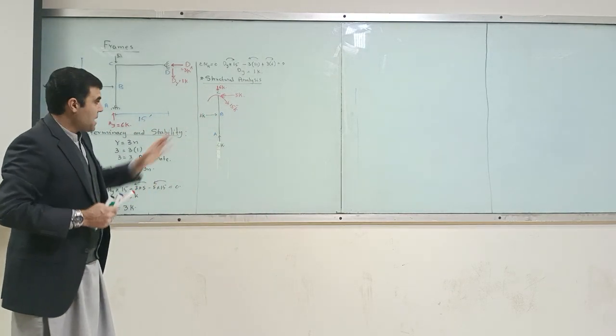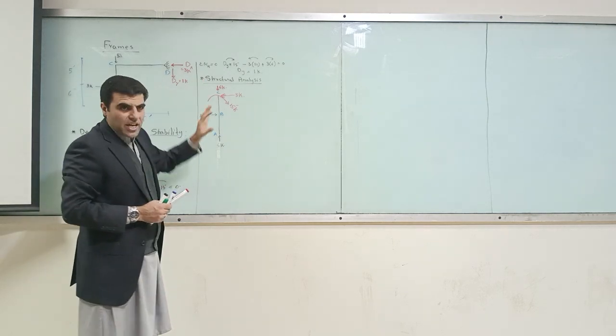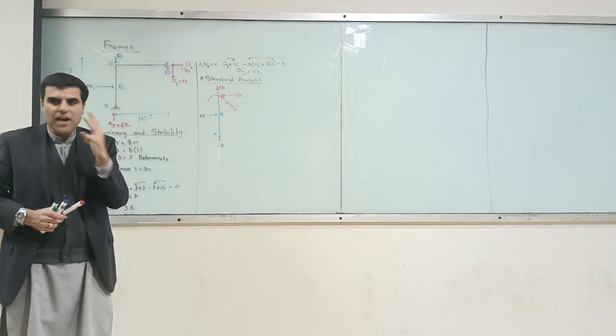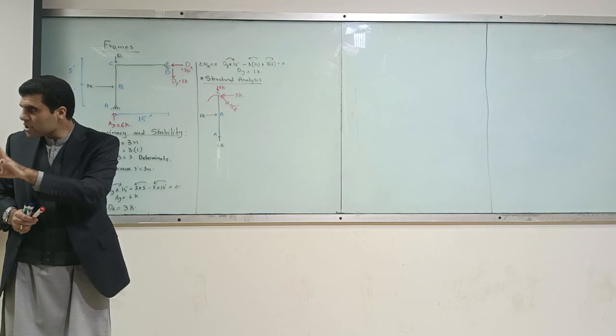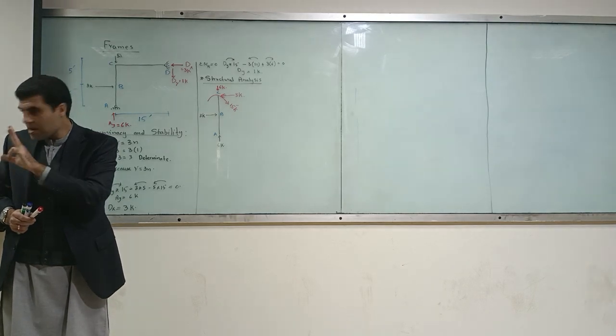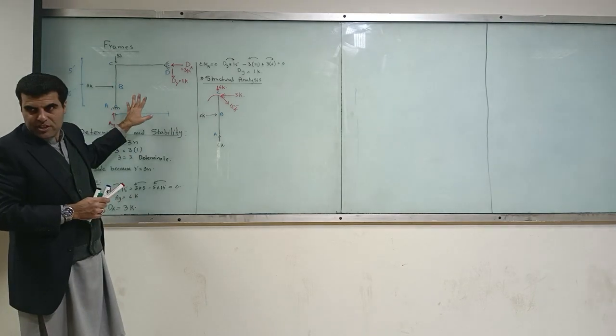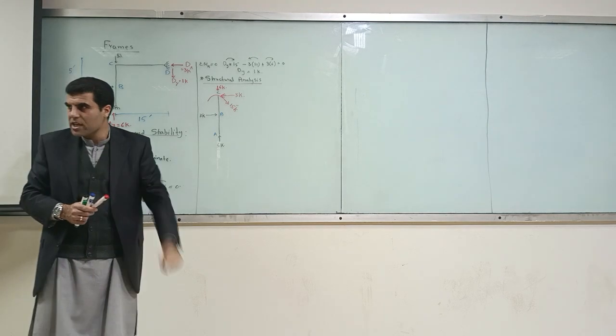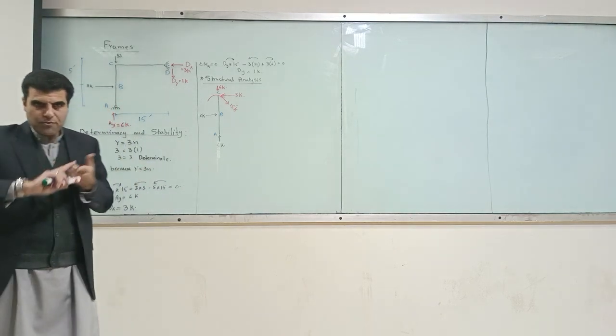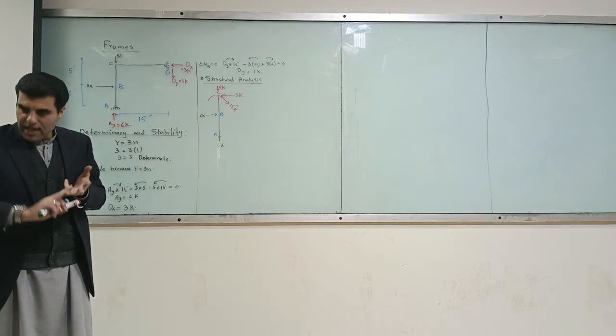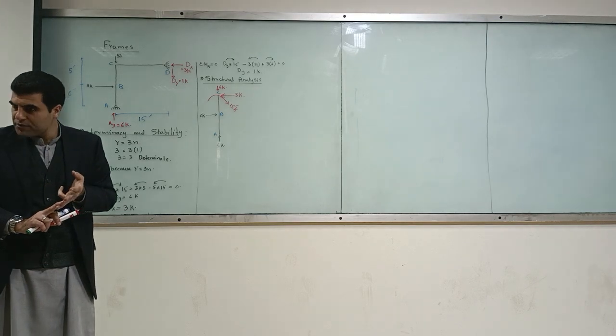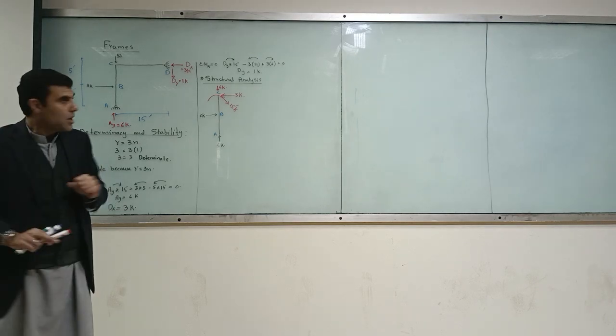My point is, point C must satisfy all your equilibrium conditions. We have got 3 conditions. Why? Because we have got a plane structure. In plane structure we have 3 equilibrium conditions: forces in x, forces in y, and summation of moment. All of them must be equal to 0.